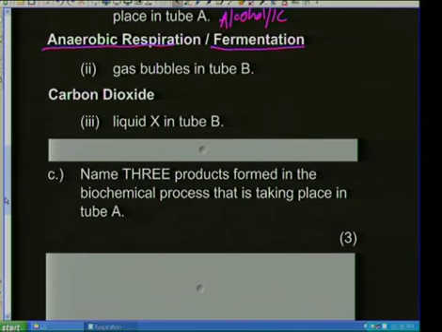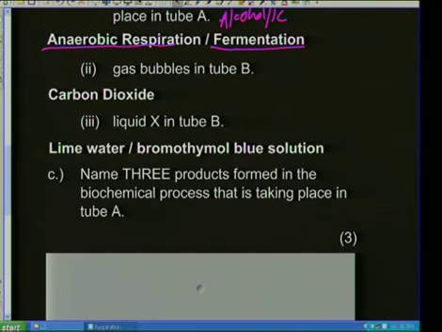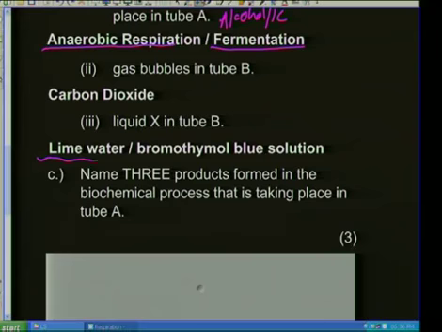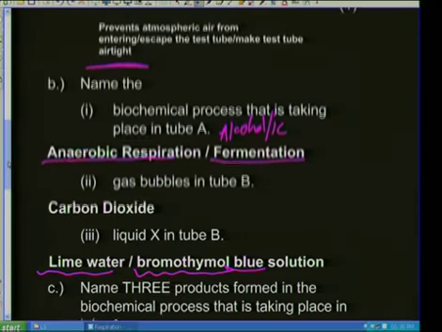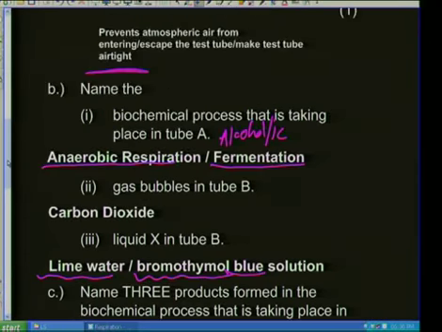The liquid in tube B can either be, and thus you had to know your experiment, you needed to have been demonstrated the experiment or have done the experiment to understand it, lime water, or sometimes people may use bromothymol blue. Just by the way, these are indicators and they indicate the presence of carbon dioxide.